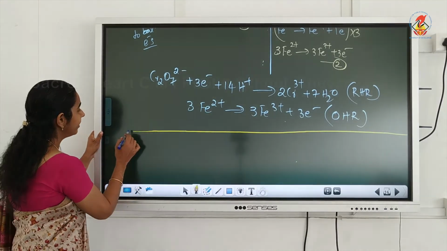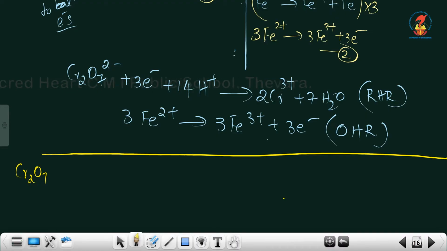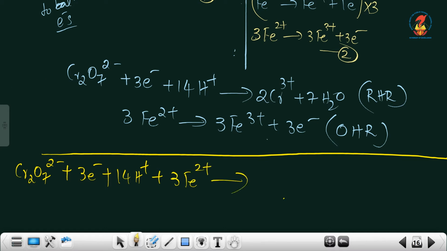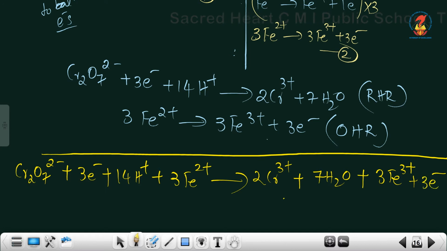So what we get here is Cr2O7 2- plus, adding the left hand side, 3 electrons plus 14 H+ plus 3 Fe2+ giving, on the right hand side, 2 Cr3+ plus 7 H2O plus 3 Fe3+ plus 3 electrons. This is our overall equation.